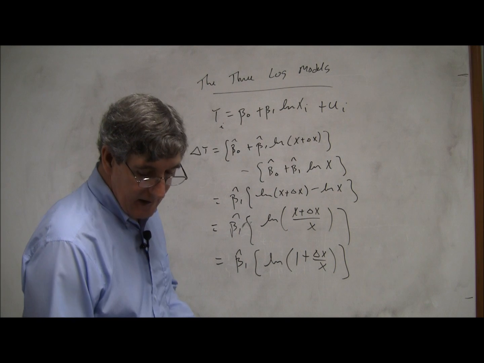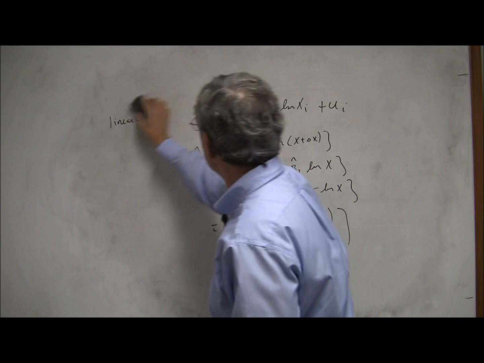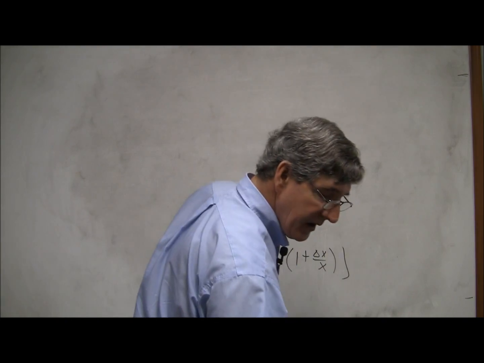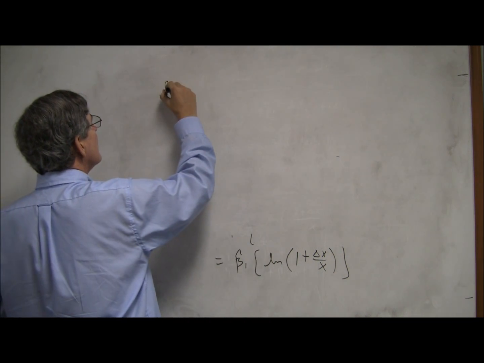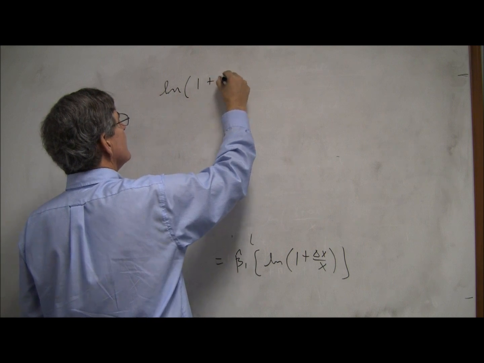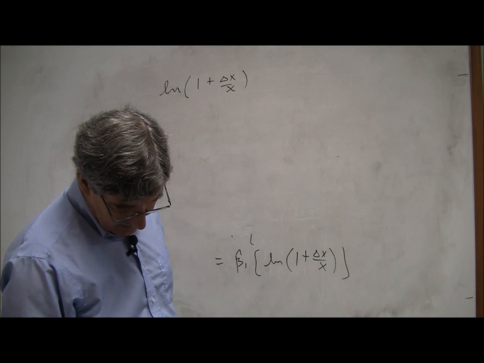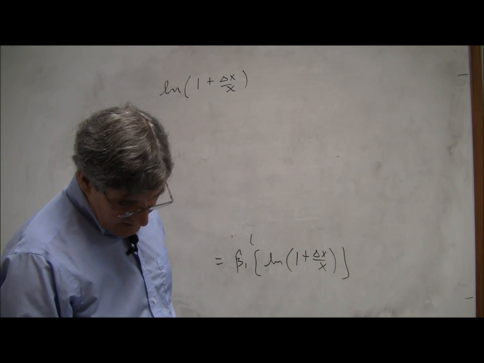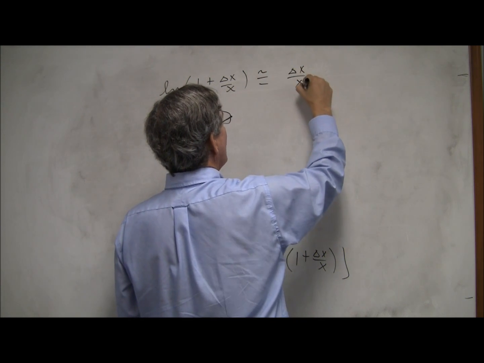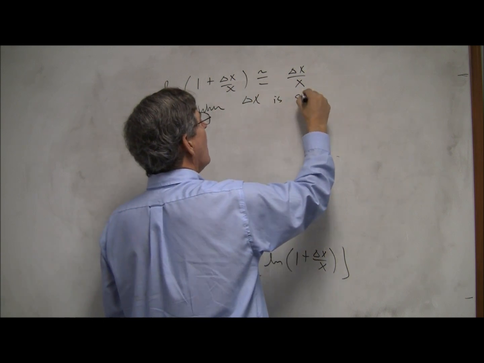Now here's where I need a new approximation. You can show, I'm not going to do it, but you can show relatively easily that the log of 1 plus delta x over x, or delta y over y, or delta a over a, or anything like that, is approximately equal to delta x over x when the change in x is small.